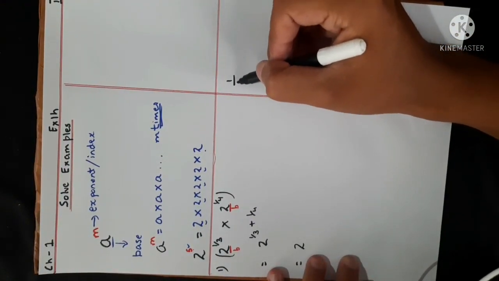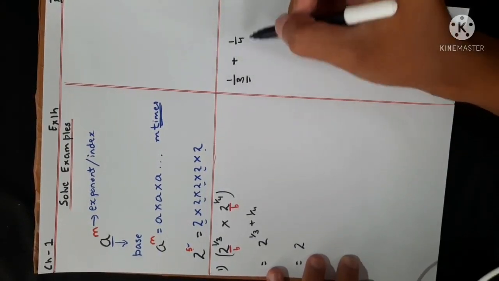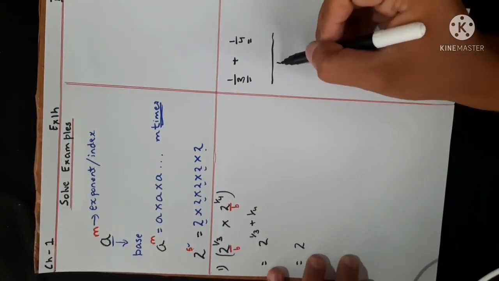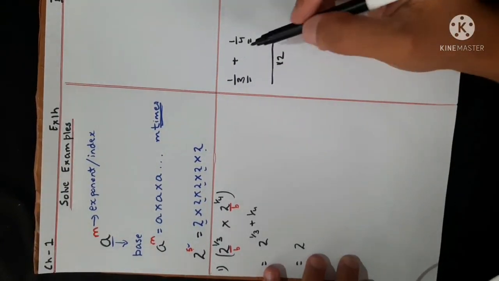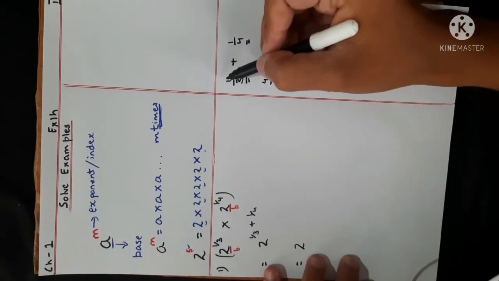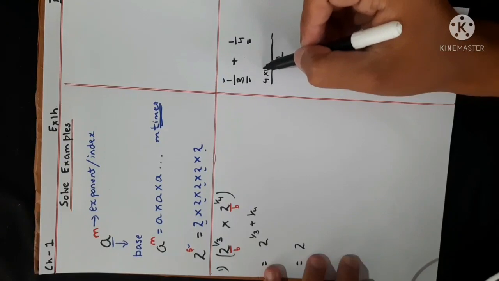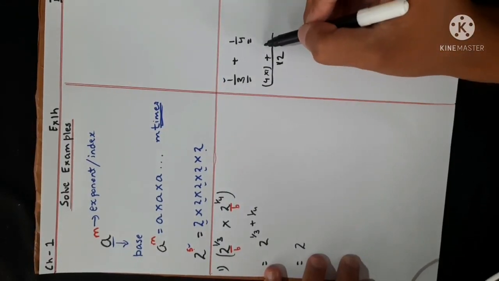Simplify this first: 1 by 3 plus 1 by 4. We find the LCM of 3 and 4, and we get 12. Next, 12 divided by 3 equals 4. This 4 we multiply with 1. Plus, again, 12 divided by 4 we get 3.